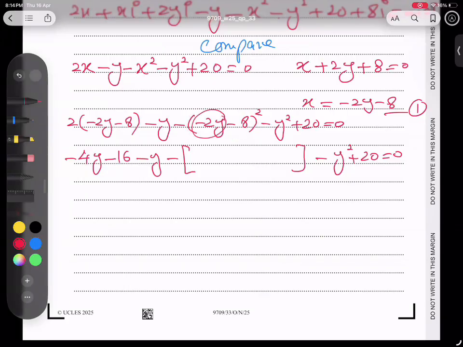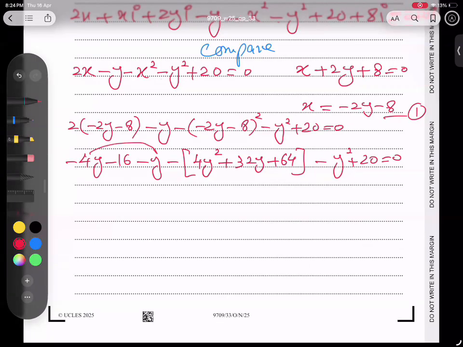So the first term squared gives us 4y to the power 2. 8 square is 64. In the middle, 2 times 4 times 8 is 32y. I think students, up till now it is very clear, and I'm going to solve further. Students, these two values will give negative 5y, negative 16, and due to the negative sign, all signs will change.